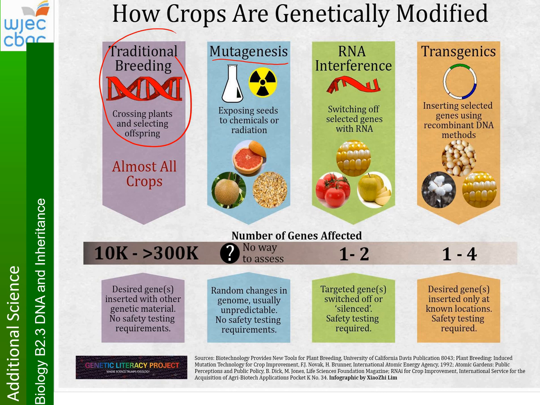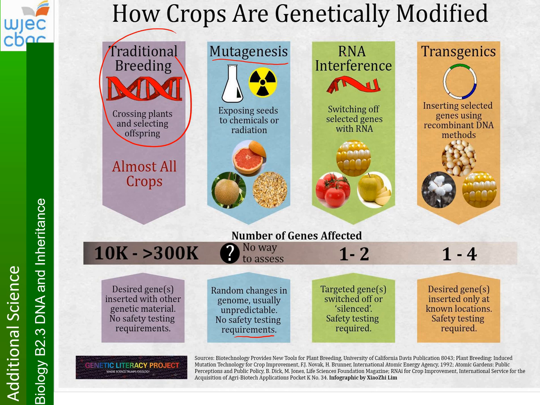And the radiation and the chemicals cause the genes to be altered, just as if we were exposed to radiation and certain mutagens, our genes would change. These changes are random and usually unpredictable. There are no safety testing requirements for carrying out mutagenesis. So this is one of the reasons why people are concerned about eating genetically modified crops.